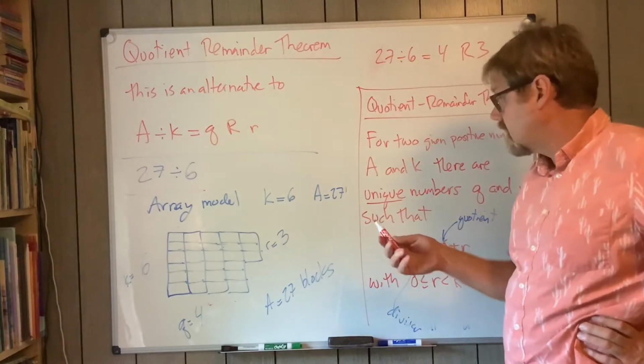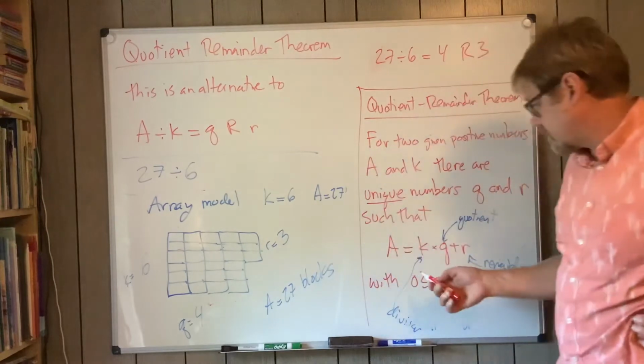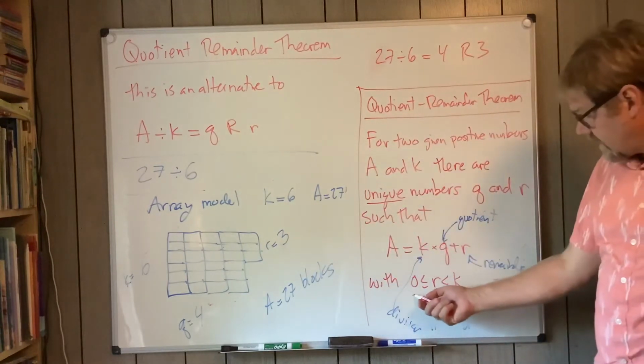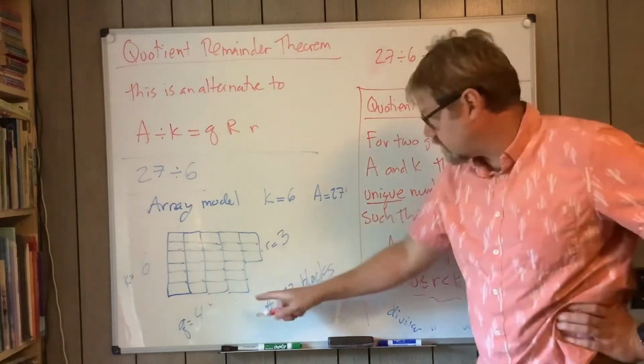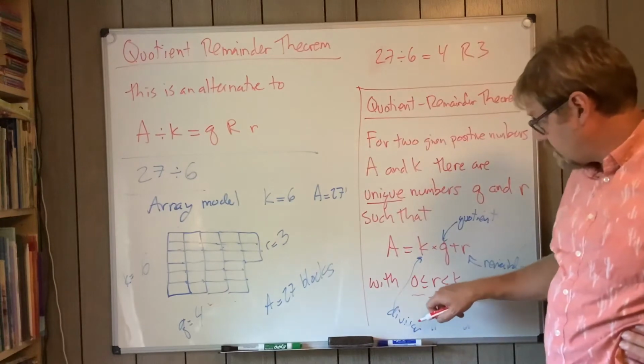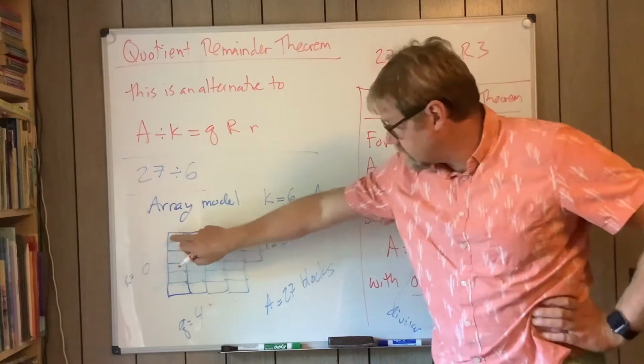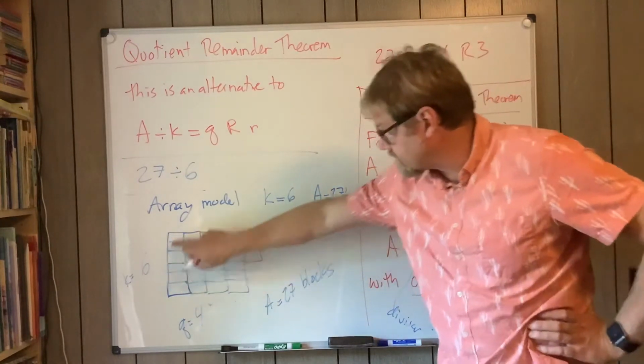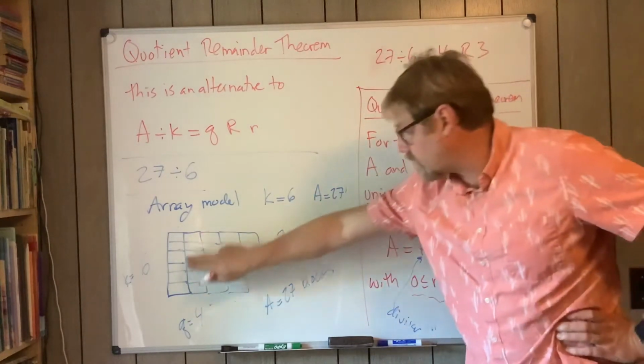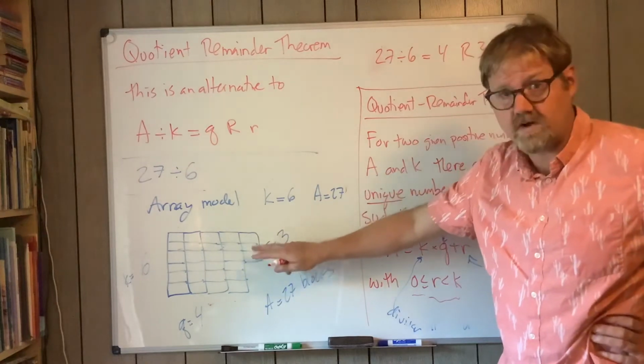The other nice thing about this is that the remainder can be 0, meaning that I've got, say, 6 times 4, I've filled in that whole thing and there are no stray ones left over.